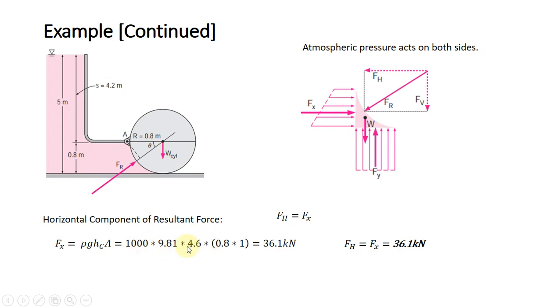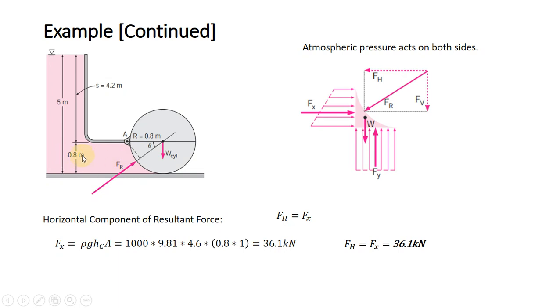Now this 4.6 is the distance from the upper water surface to the centroid. This section is actually a rectangular section because the projection is into the page, into the screen. So you have a rectangular section, and the centroid of a rectangle would be halfway of the height.